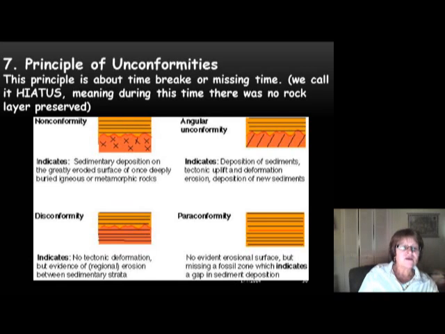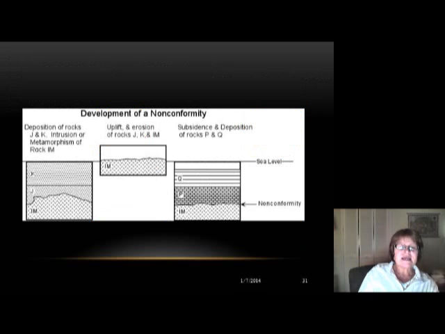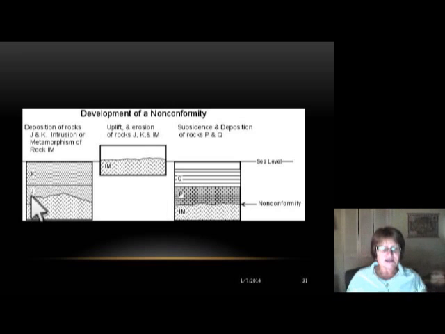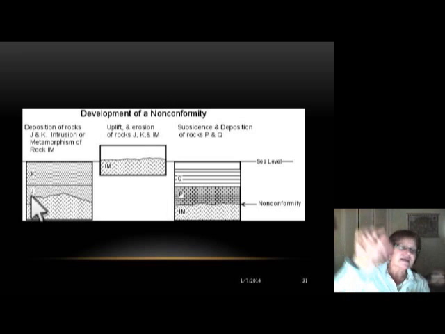When you have nonconformity, basically what that means is that you have no idea how much time is missing. So what we have here is an igneous or metamorphic rock. Remember from physical geology, the different rocks? If you have igneous or metamorphic rock, and on top of it you have sedimentary rocks, then the boundary between igneous or metamorphic and the sedimentary rocks is going to be called nonconformity.